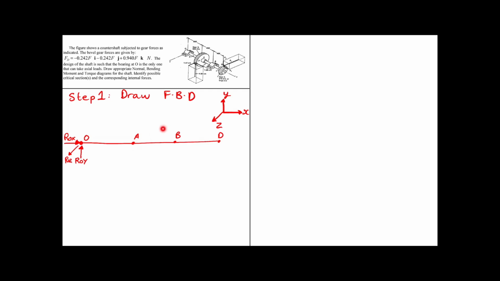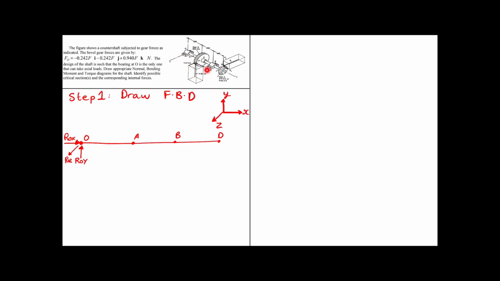Now moving on to point A, we have force applied on the gear and the values are present here. So let's see what is there in the x-axis. In x-axis we have 1.05 kilonewton but in the direction opposite to the direction of the axis. In the y-axis we have a certain value which is positive and in z-axis we have a force in the opposite direction.